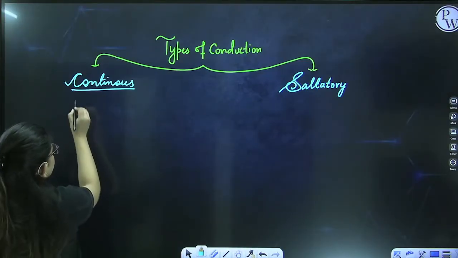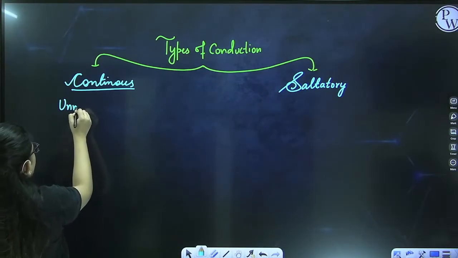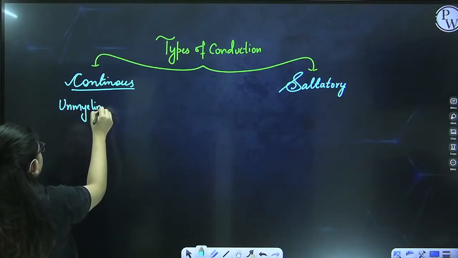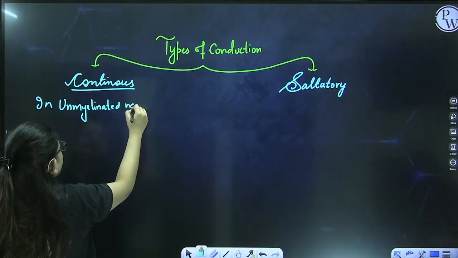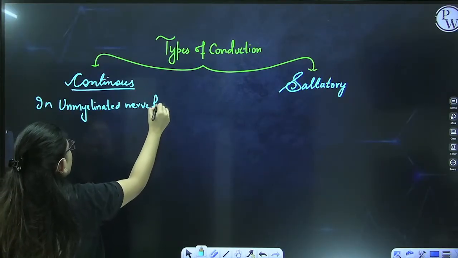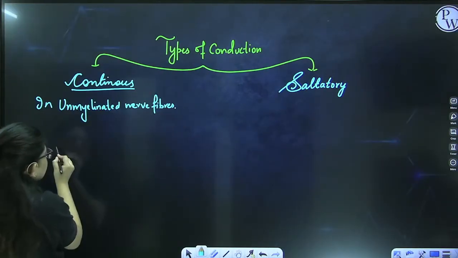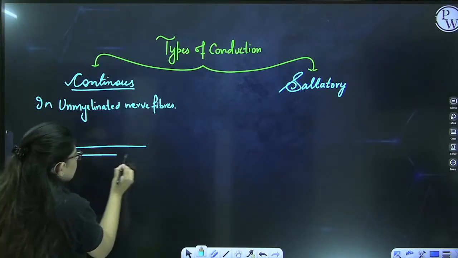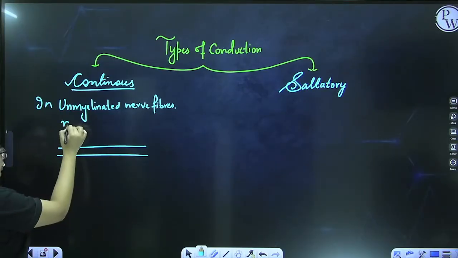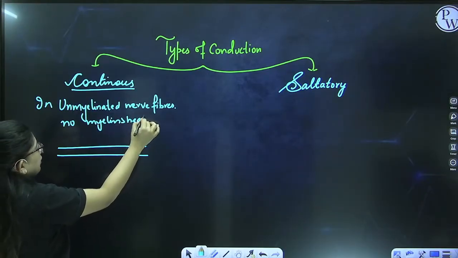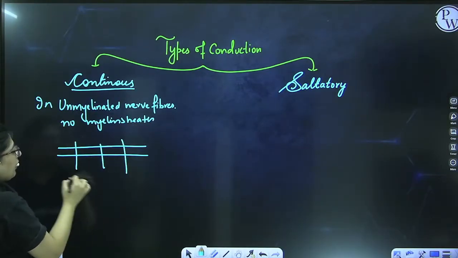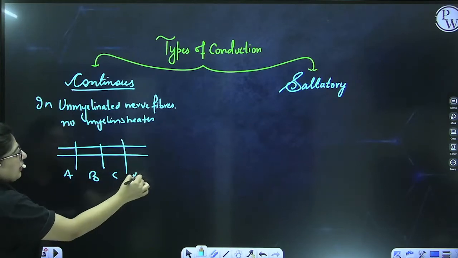Continuous conduction usually occurs in the unmyelinated nerve fibers. In unmyelinated nerve fibers, there is no myelin sheath. For example, this is how the nerve fiber is. There is no myelin sheath. So the impulse will move in the manner that we have just done right now in the ABC segment form.